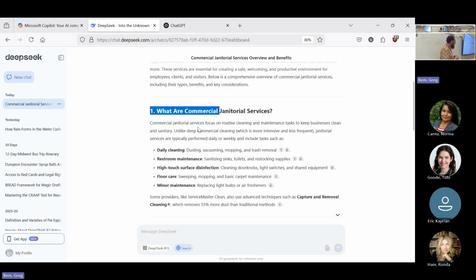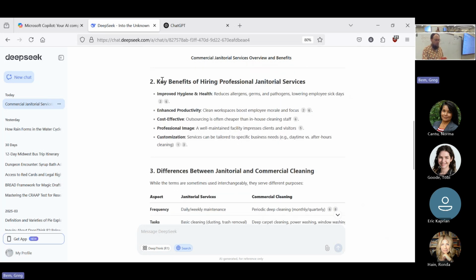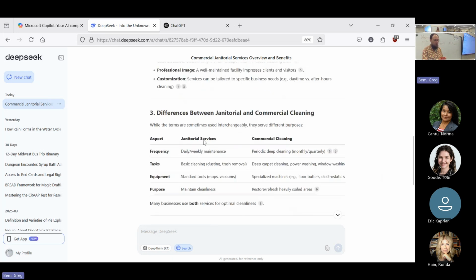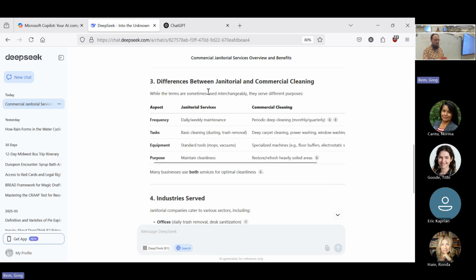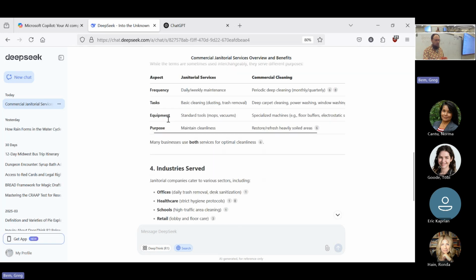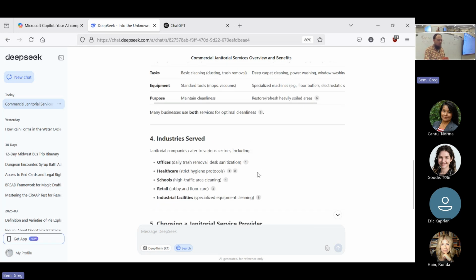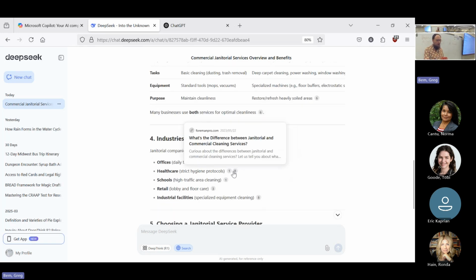And as I mentioned, Gen AI tools provide formatted text. And then if you scroll down, you will see that it's also structured in a way that's relatively easy to get that information and read that information. In the case of DeepSeek, you can also see that there are all of these in-text citations.